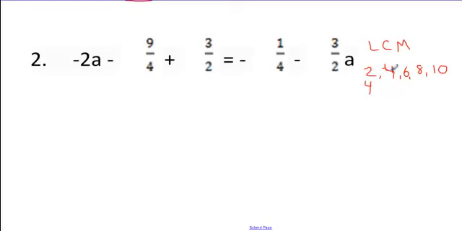This 4 and this 4. That's the least common multiple. I don't really need to keep going with the 4's. 4 times 1, 4 times 2. I could use 8. 8 would do the trick, but the 4 is going to be the quicker way to get there. So 4 is the least common multiple.